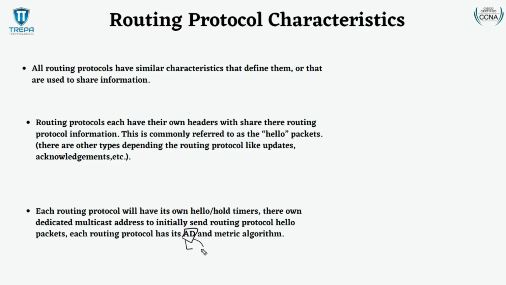So an administrative distance goes into the best path determination when a router receives the same destination route from multiple neighbors running different routing protocols. The administrative distance will help determine which one is to be more trusted, okay? So the lower the administrative distance, the better the routing protocol is considered.